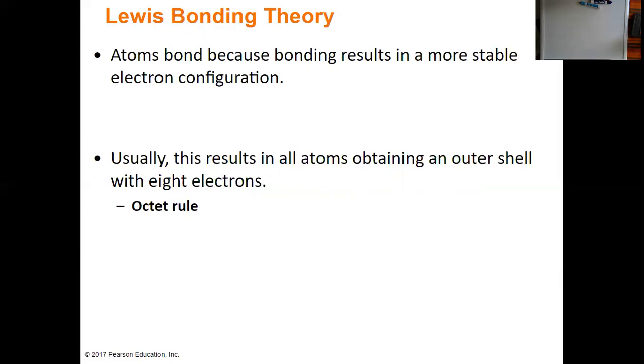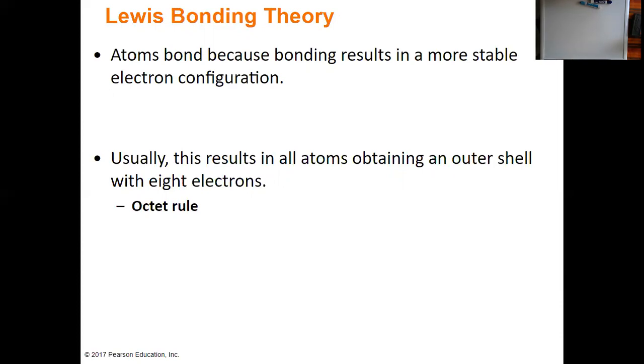When that happens, all of the atoms we're using to build our structure will have an outer shell with 8 electrons in it.